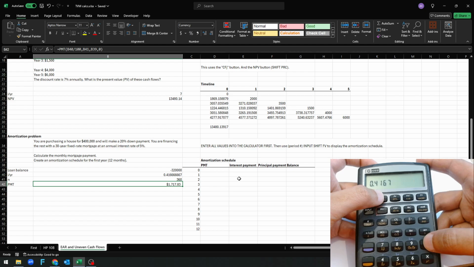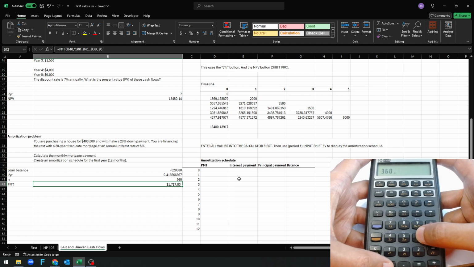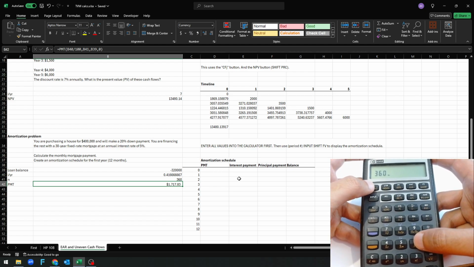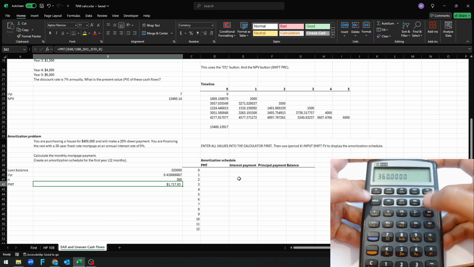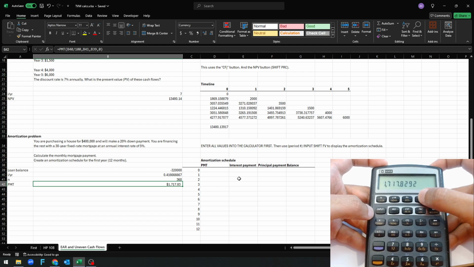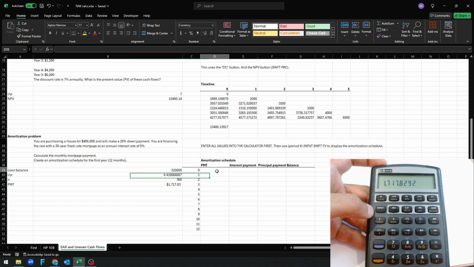Okay, got the same number, 4.167. 360 is N. Okay. And then we can calculate the PMT. It's the same number, this 1,717.83. Excel and the calculator gave us the same number.